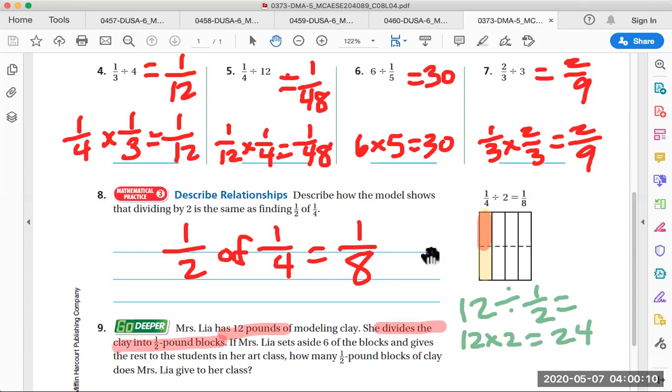So she had 24 1/2 pound blocks. She sets aside 6 of them, which means she's not going to give the class 6 of them, and that leaves 18. So the correct answer would be 18 1/2 pound blocks.